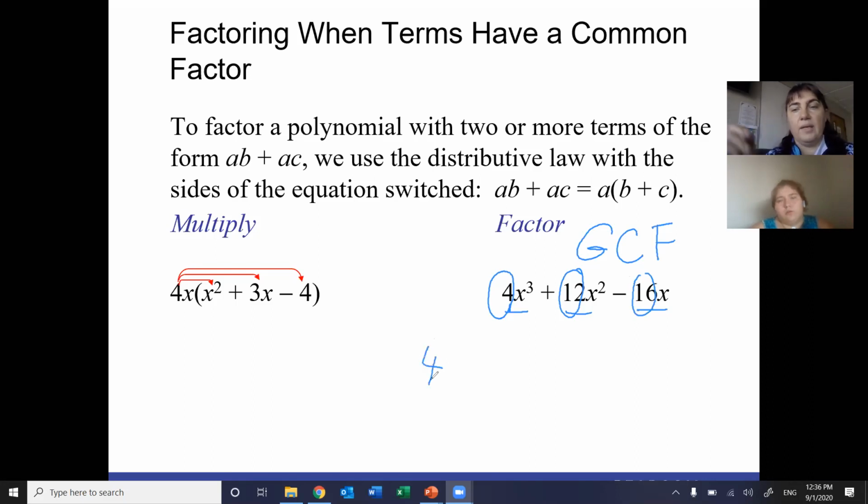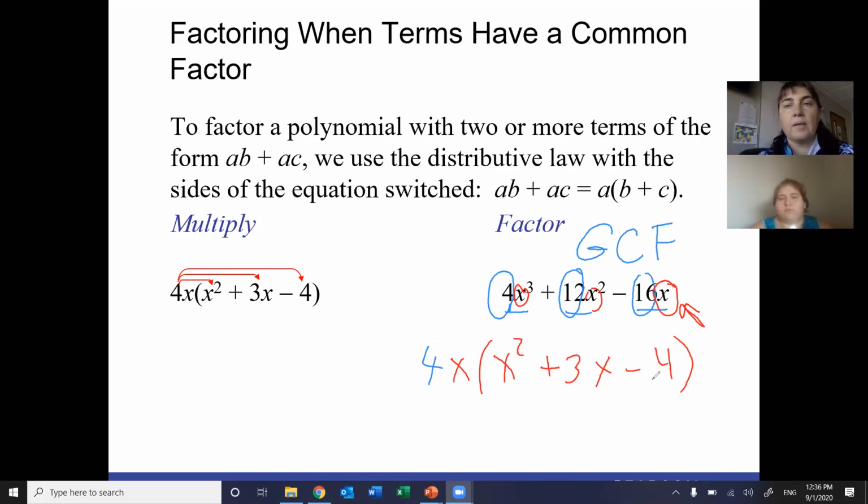Then you look at the x's. How many x's do they have in common? 1. That's right, because they all need to have it. This one has only 1, so this one is limiting us. We cannot factor more than 1x because of this one. So the whole factoring would be 4x times x squared plus 3x minus 4. It's written right there.